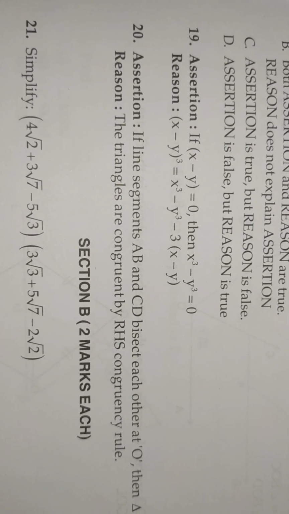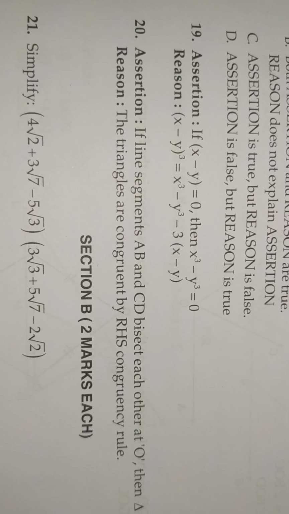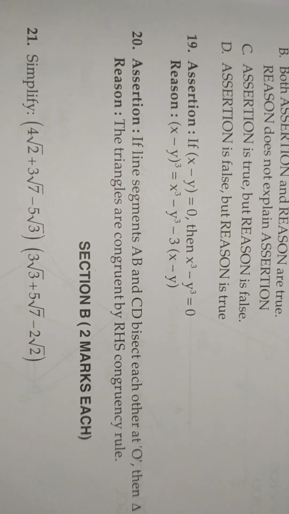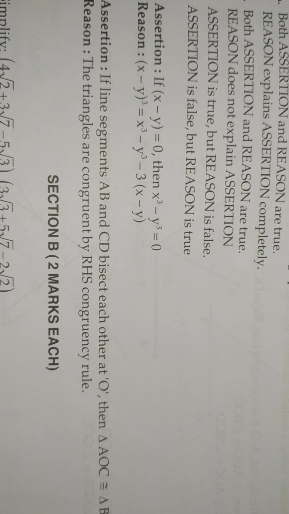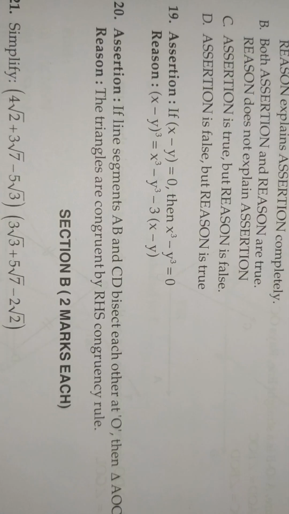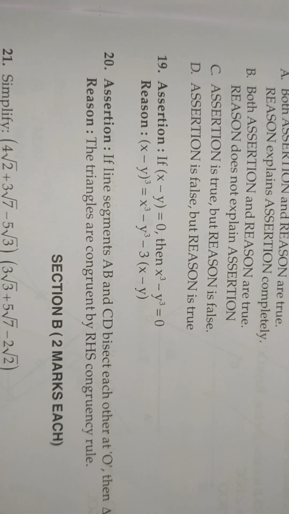Reason: the triangles are congruent by RHS congruence rule. Did they mention anywhere there is a right angle or perpendicular in the assertion? No, they have not mentioned. So the assertion is correct and the reason is false. So your correct option for question number 20 will be C.